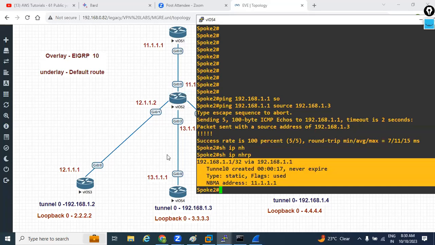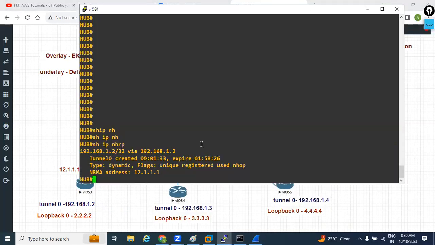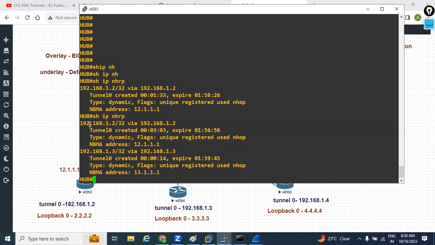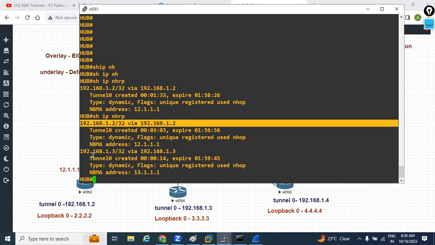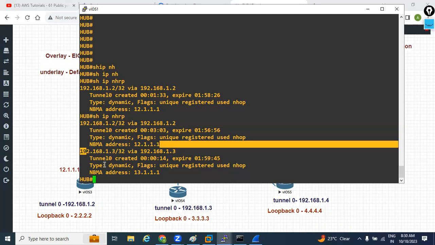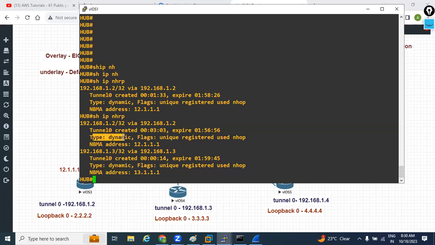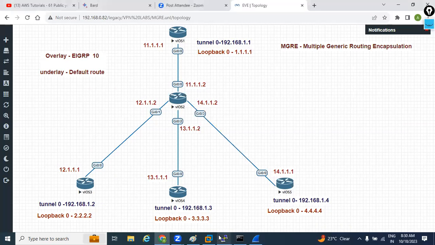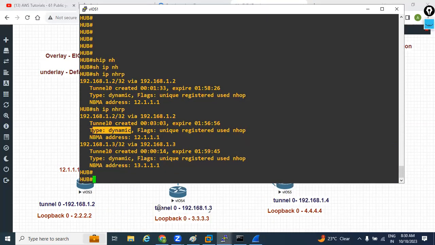Show IP NHRP. The entry we have seen here. Now on the hub, how many entries would be there? 2. One is for spoke 1, one is for spoke 2. Both the entries are clear or no? Okay. So right now, you can see, this is my hub.